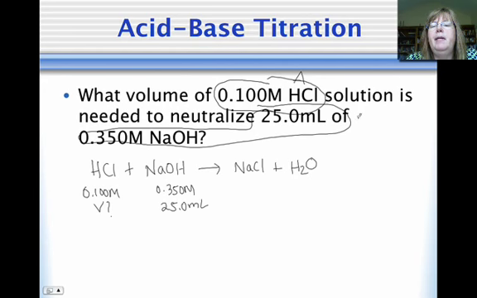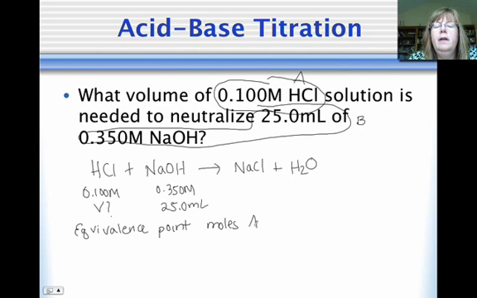Now, when moles of acid equals moles of base, we say this reaction is at its equivalence point. So the equivalence point is when the moles of acid equal the moles of base.